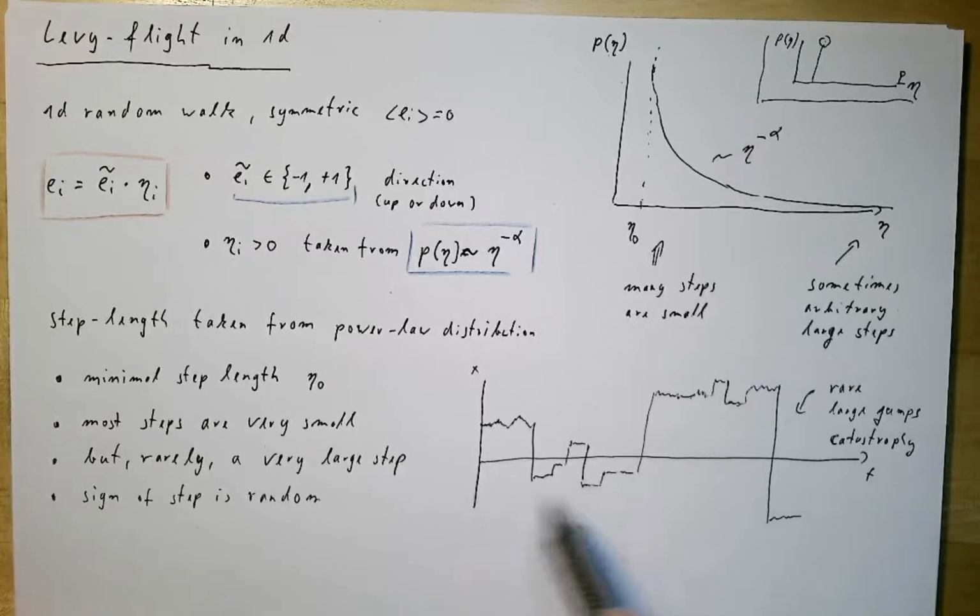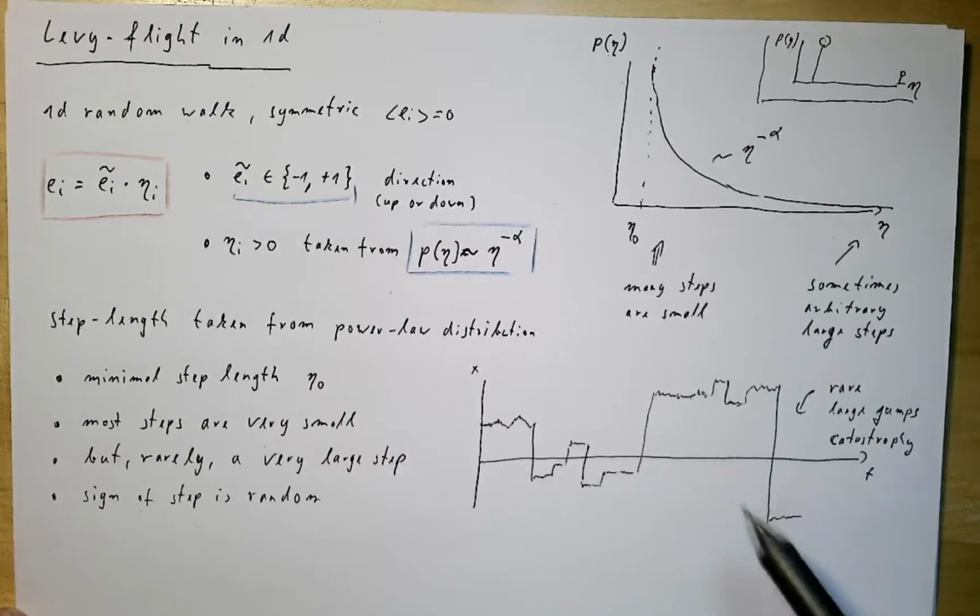Now, this is a very simple kind of construction for such a random walk. Would this apply to anything? Okay, that's the question, because it's very simple.